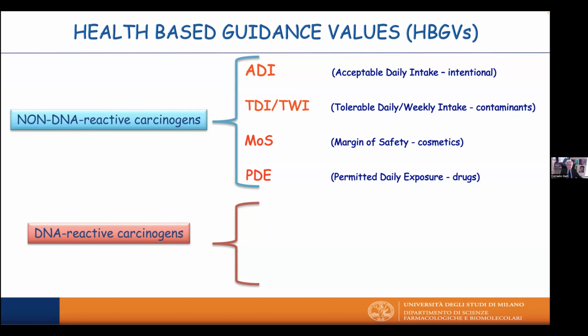Why the difference? Because in the hazard assessment, you reach a point where you have to decide what the solution is. So you have to deal with non-DNA reactive carcinogens or toxicants in general, or with DNA reactive carcinogens, because with the non-DNA reactive carcinogens, you have a threshold. You can define a threshold. You can define a safe dose.